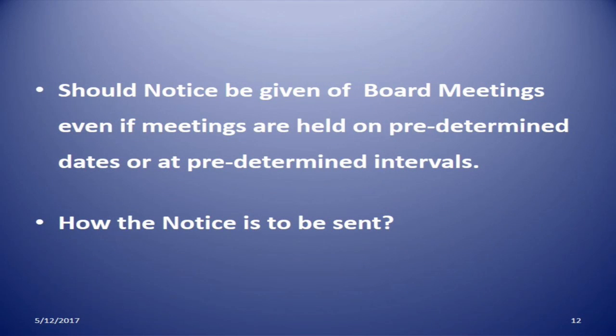Next question is, should notice be given of board meetings even if meetings are held on predetermined dates or predetermined intervals? What does it mean? Suppose today is 12th May. Today the company holds a board meeting, and today the company decides that the next board meeting shall be held on 1st July 2017.